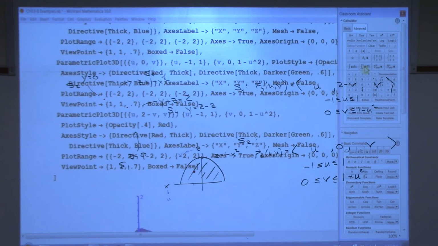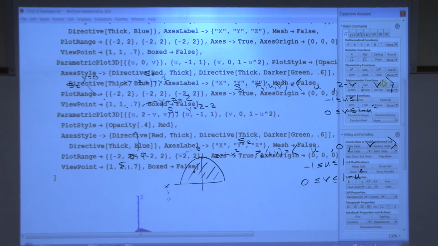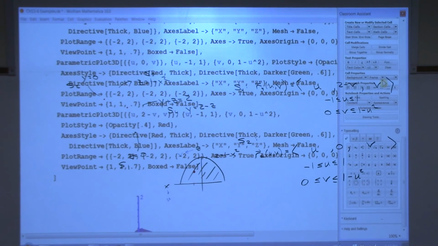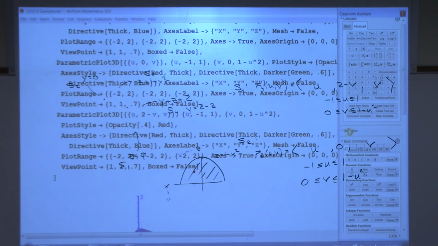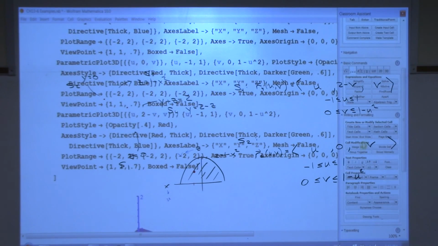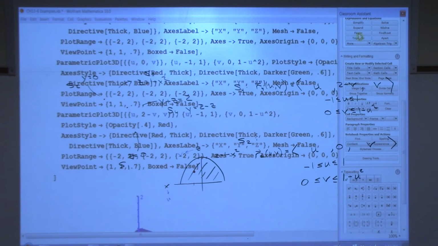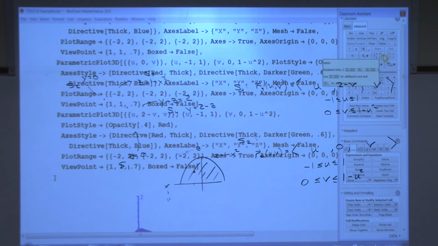If you want to integrate, simplify, expand, factor, it goes on. So I'm not coding as much as I understand the syntax, but a lot of it is just pulling on other subroutines.